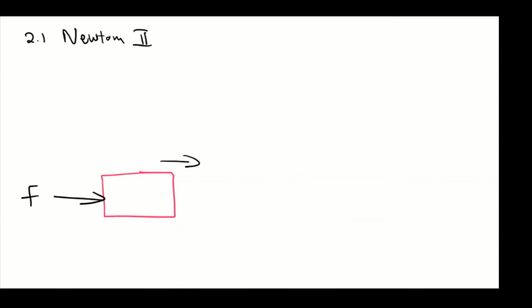Let's say the force is going to the right, which means this object will accelerate in the direction of this force, because force is equal to ma. So once the object moves in the direction of the force, acceleration is directly proportional to the force, but inversely proportional to the mass of the object, right?